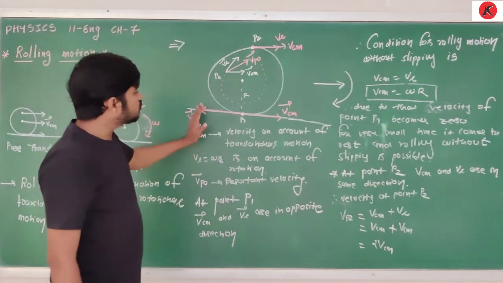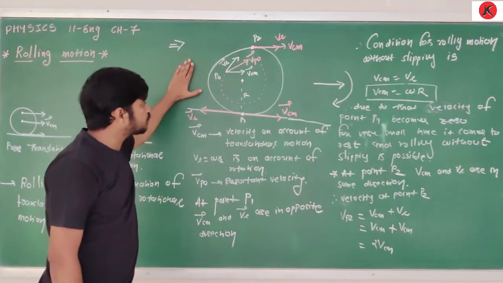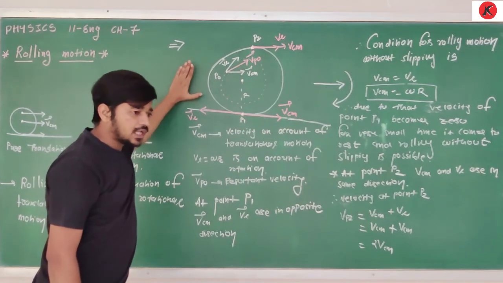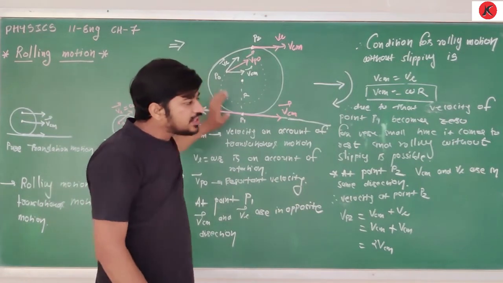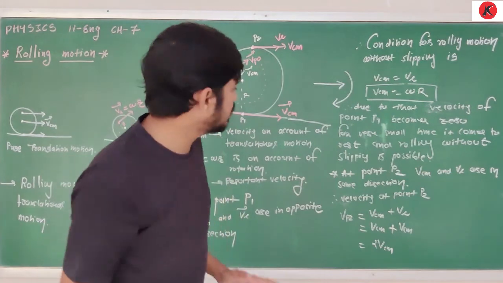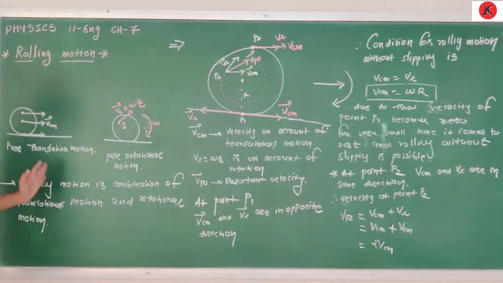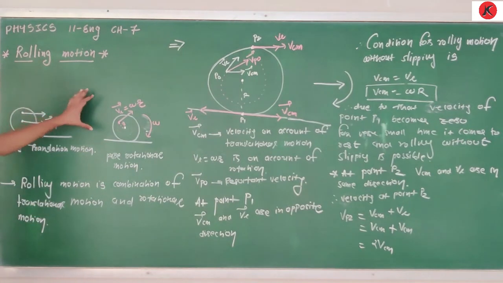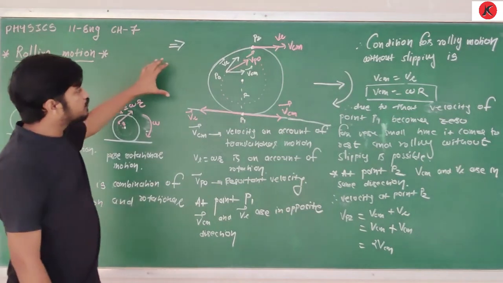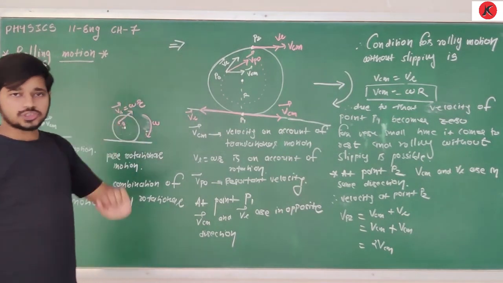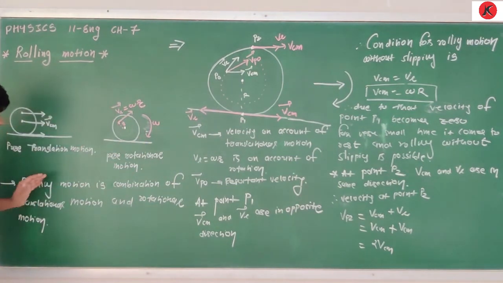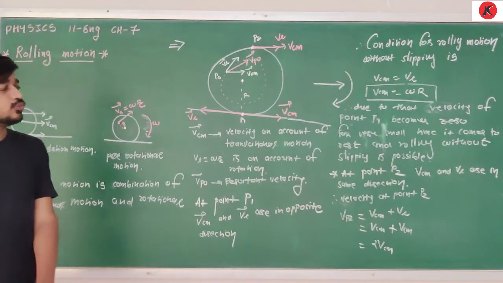So yes, you have to remember this topic, this figure. What happens in rolling motion for each and every particle. Again, understand this topic carefully. What is pure translational motion? What is pure rotational motion? And what is rolling motion? Rolling motion is a combination of translational motion and rotational motion.